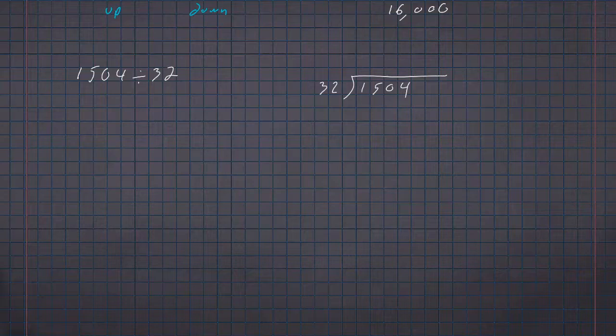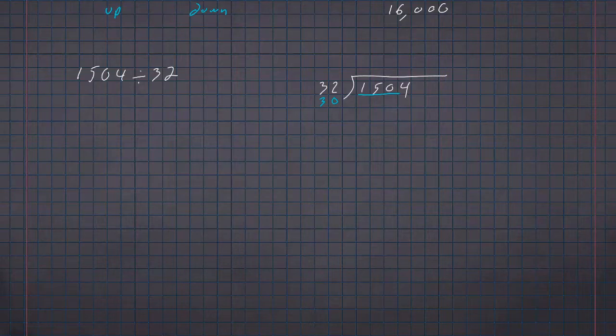So instead of always looking at 32, I'm going to estimate. Let's look at 30 instead, right? 32 rounds to 30. And 30 I can look at pretty nicely. 30 does not fit into 15, but it does fit into 150. 3 times 5 is 15, so 30 times 5 is 150. All right, so I'm going to try 5.